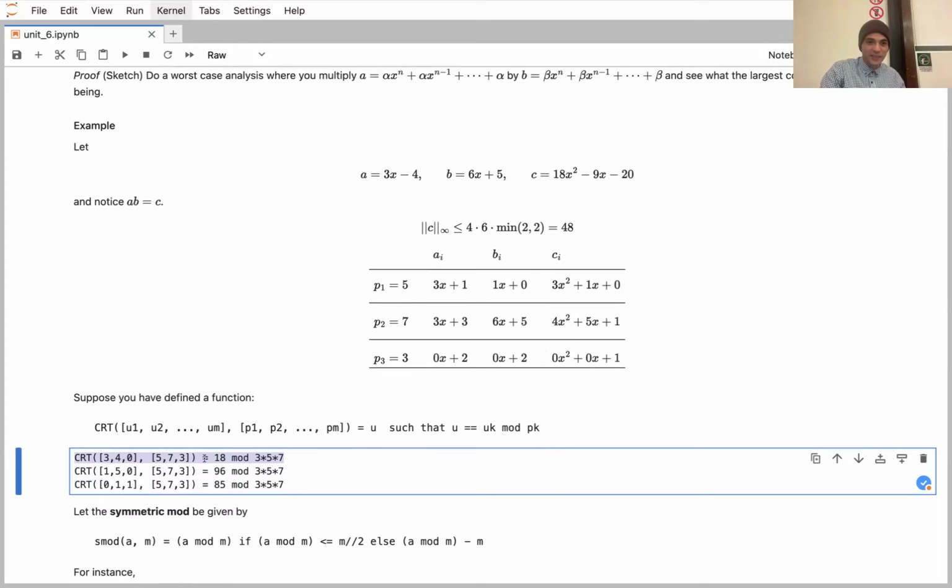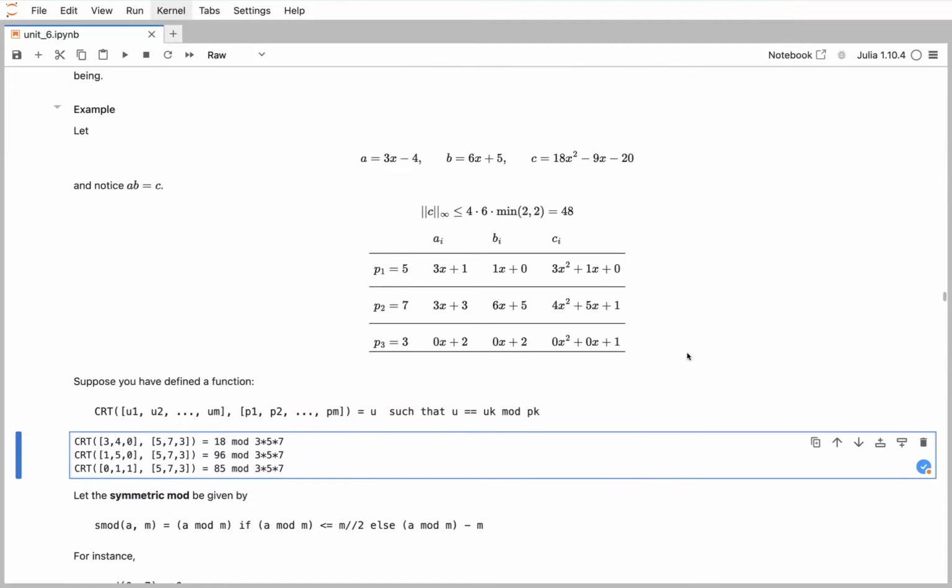Chinese remainder theorem says the answer is 18. The leading coefficient is 18. 18 is 3 mod 5, 4 mod 7, 0 mod 3. I see, and then we do the same thing for the linear terms, the same thing for the constant terms. So we want something that iterates through each set of terms.